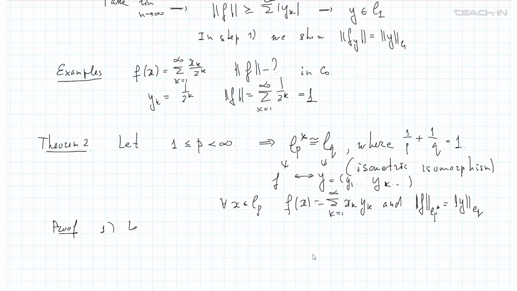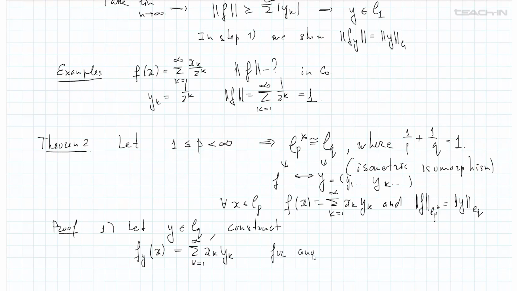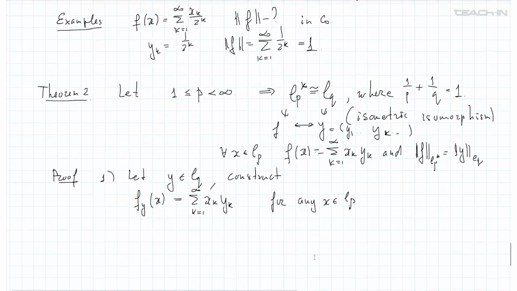Let y from Lq, construct the functional f sub y on x equals the sum xk yk, k from 1 to infinity, for any x from Lp. It is a linear functional, of course, because the sum is a linear operation, and then again try to obtain estimations.